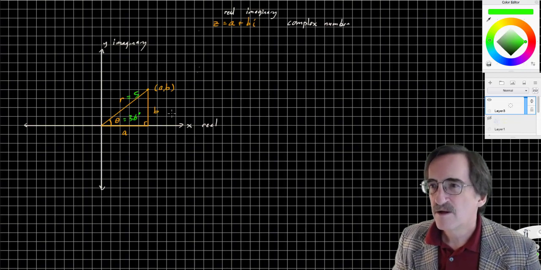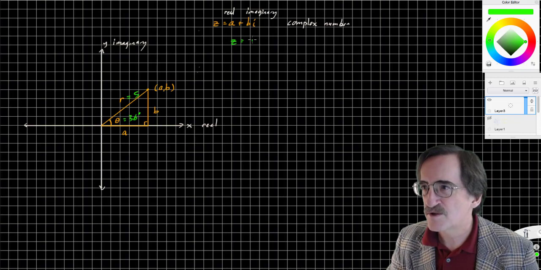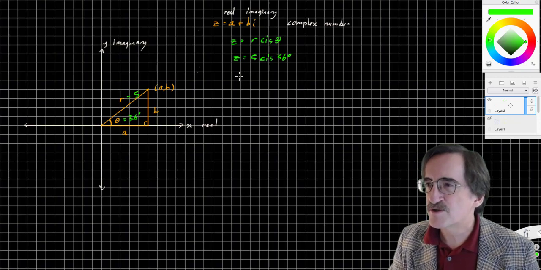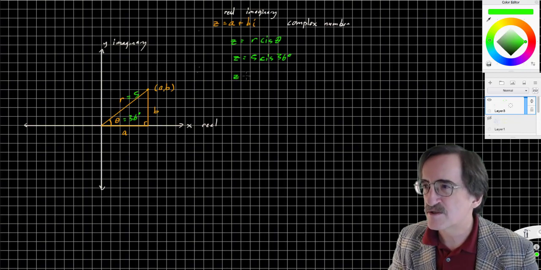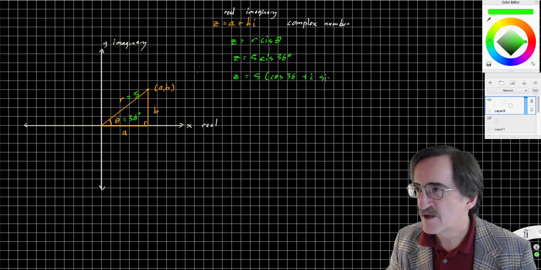What is z? z equals r cis theta, that's what we just said. So z is 5 cis 36 degrees. To convert it to rectangular form, all you've got to do is this: z equals 5 times cosine of 36 plus i sine 36.